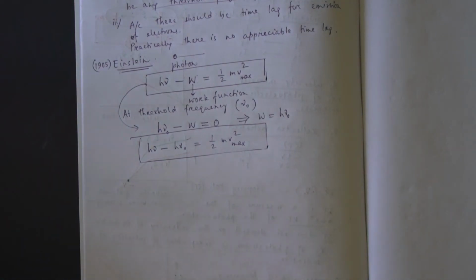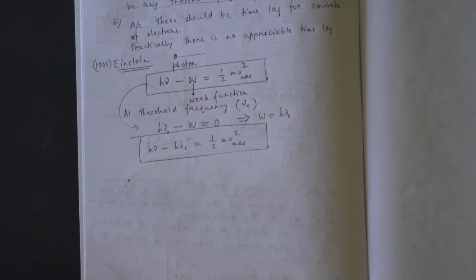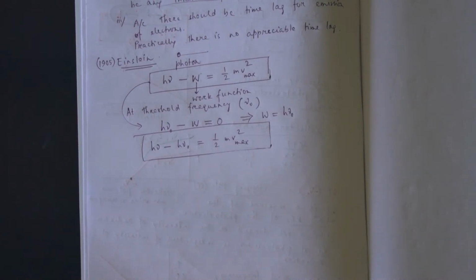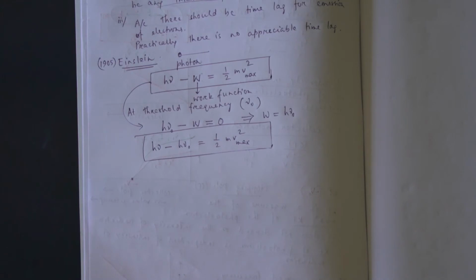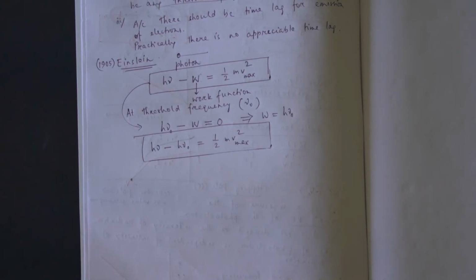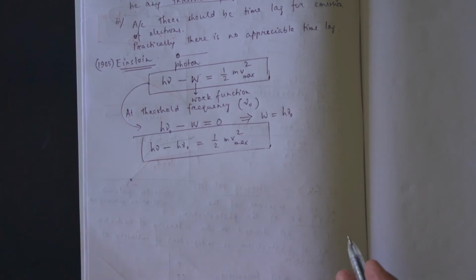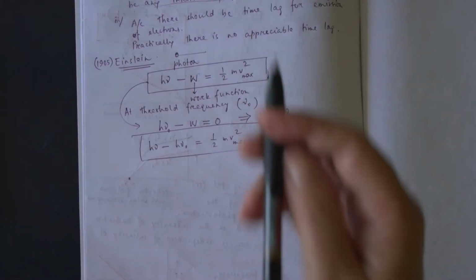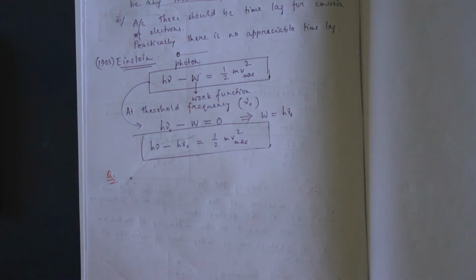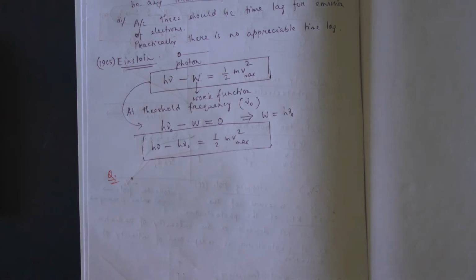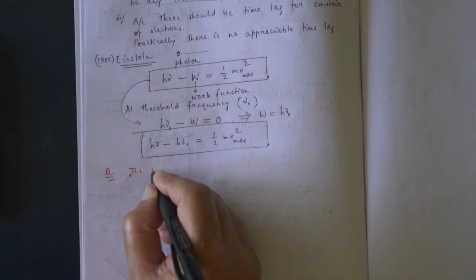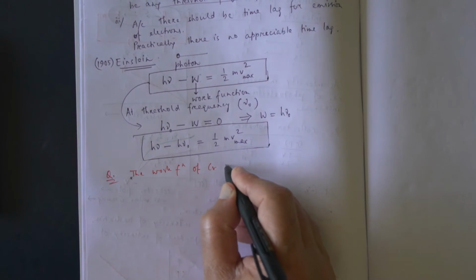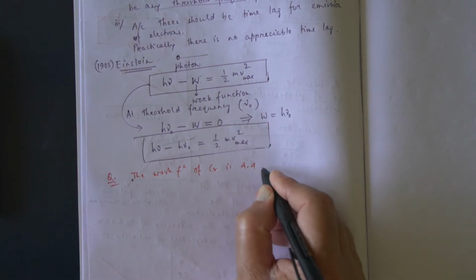Let us see one or two problems. Okay, so the question: the work function of chromium is 4.4 eV.